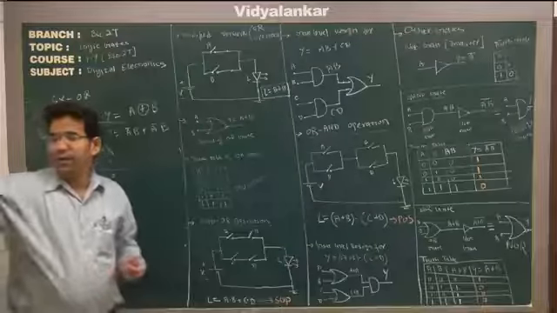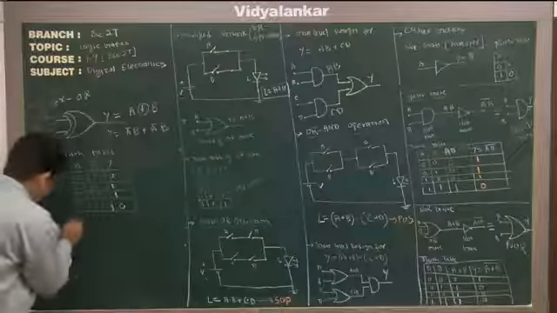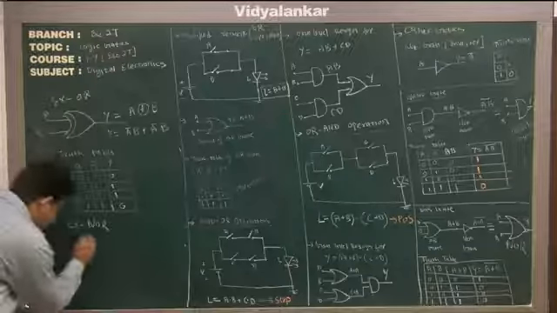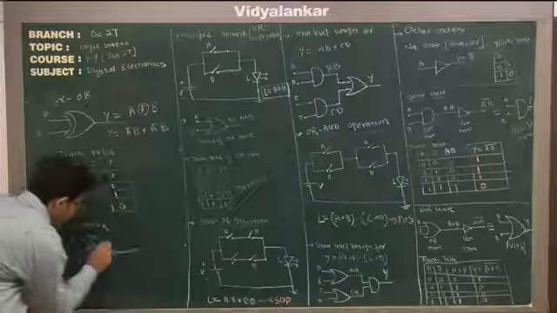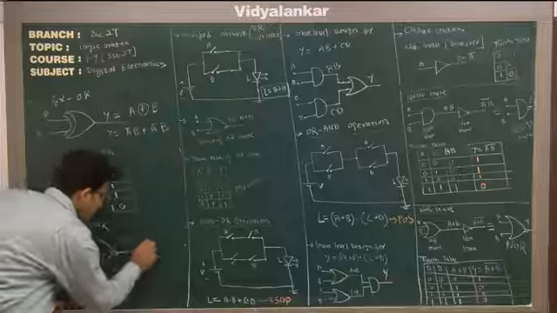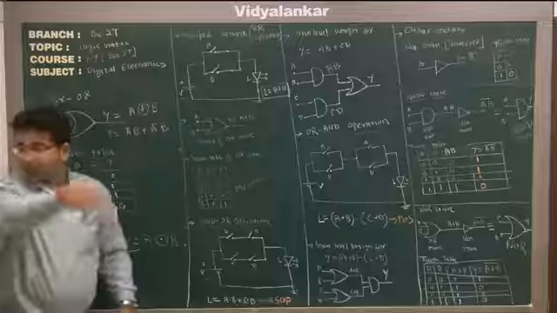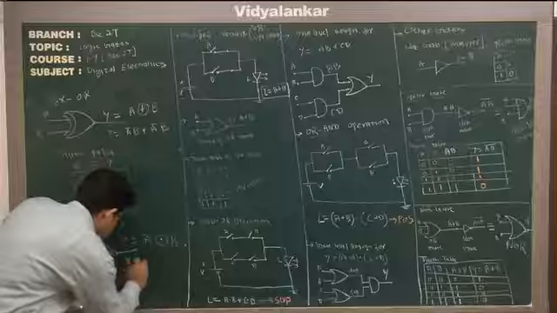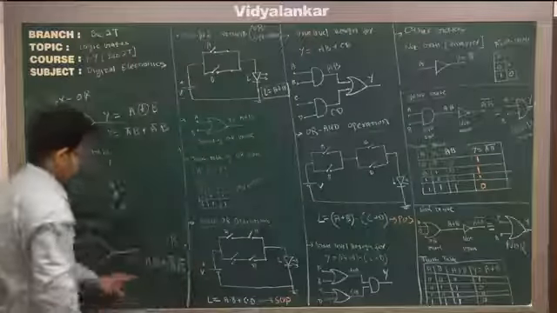And if I add a NOT gate to this, what I get is XNOR gate. So XNOR will be, this bubble indicates the NOT at the output, A, B, Y, and A XNOR B. This is the representation for XNOR, and actual output will be AB plus A bar B bar.